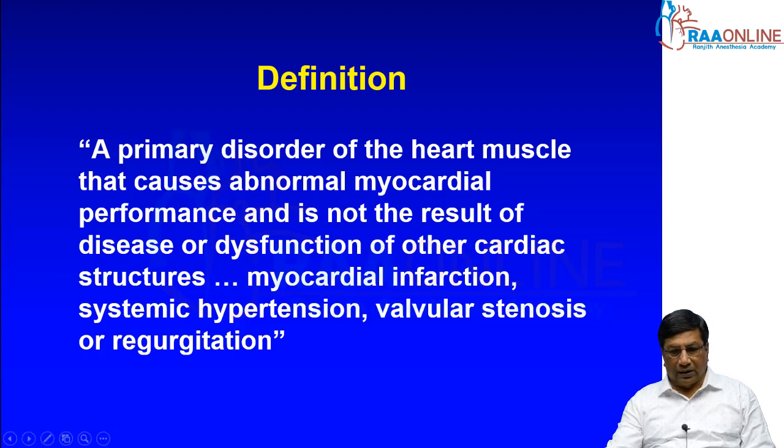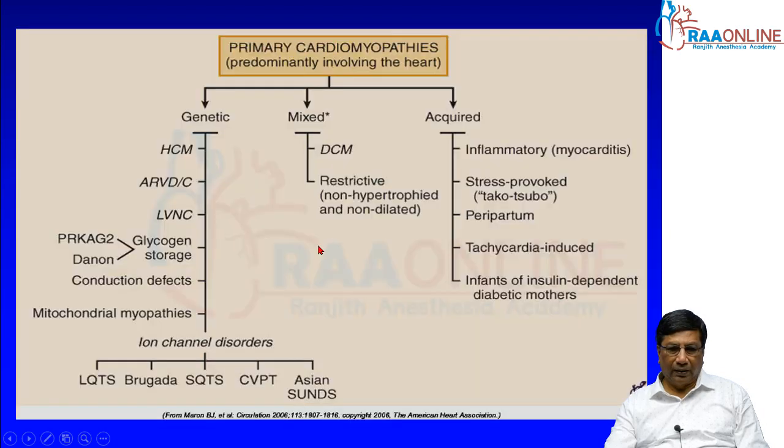So, this disorder of cardiac muscle should not be produced by myocardial infarction, hypertension, or valvular stenosis or regurgitation. Actually, when you look at this definition, cardiomyopathy is a diagnosis of exclusion. There is a disorder of heart muscle, but there is no known cause for it. So, that is the cardiomyopathy definition.